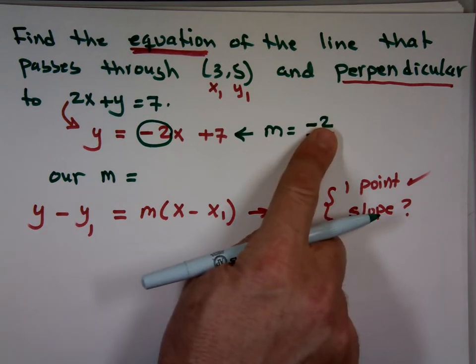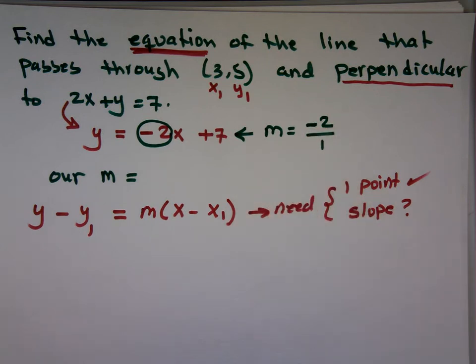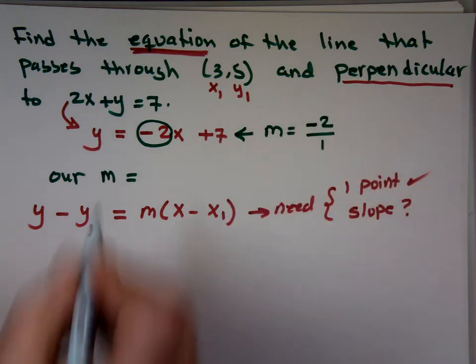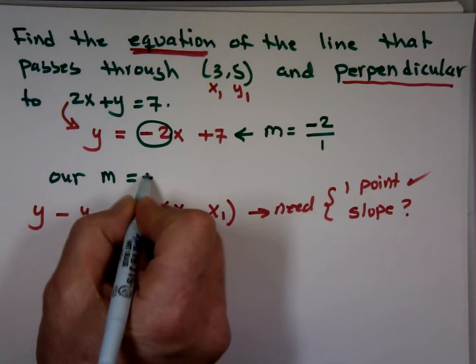Perpendicular. How do we find the slope of that perpendicular? Section 3. Flip and change the sign. Remember that? You take this, flip it, and change the sign. So it becomes positive 1 over 2.